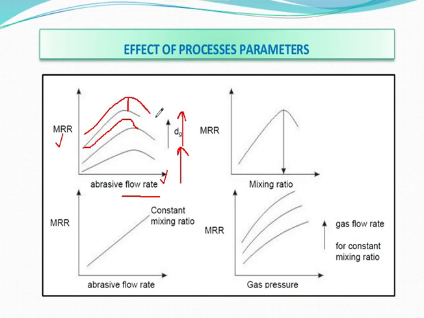This is owing to the fact that the mass flow rate of gas decreases with increase of abrasive flow rate. Hence, the mixing ratio increases, causing a decrease in material removal rate.